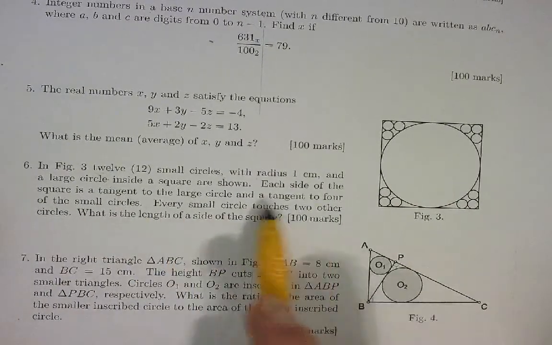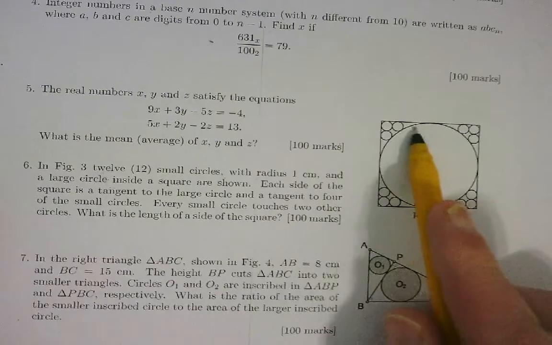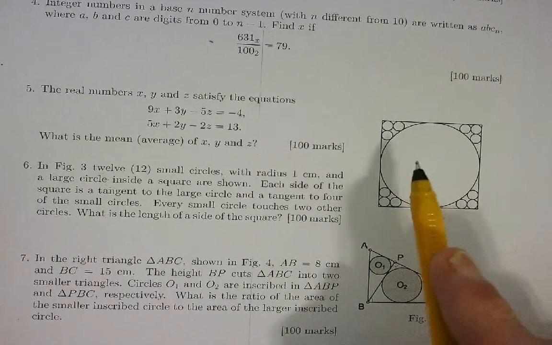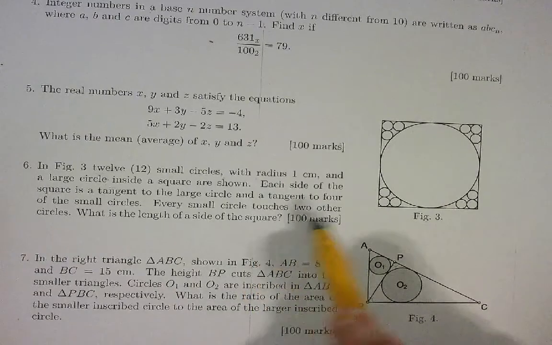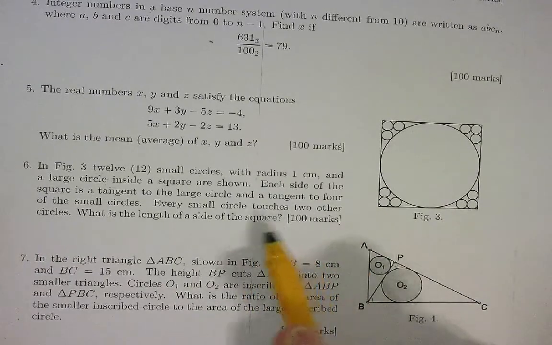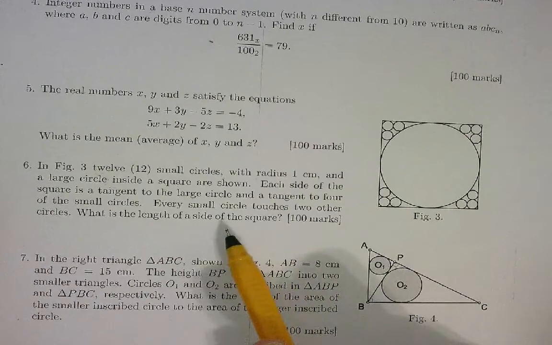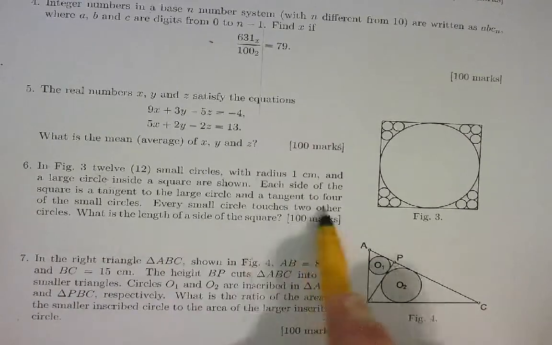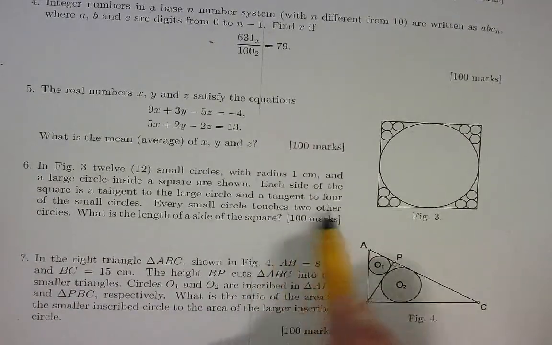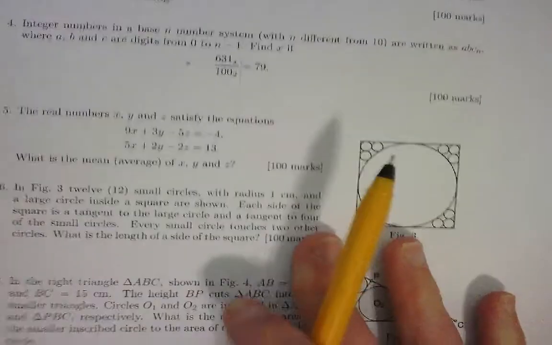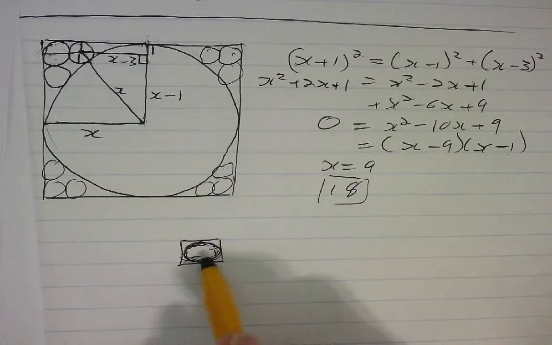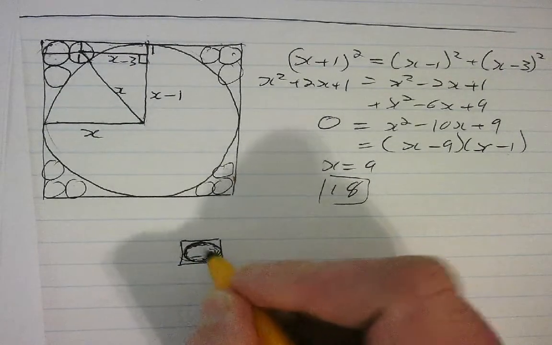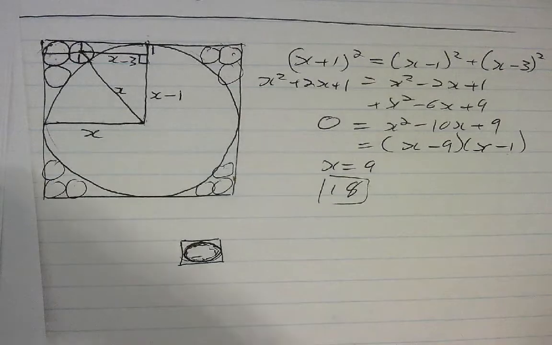And every small circle touches only two other of the circles. So that makes this weird degenerate case impossible. Whenever we've got something like this, it's called a degenerate case because everything just goes like in the extreme.